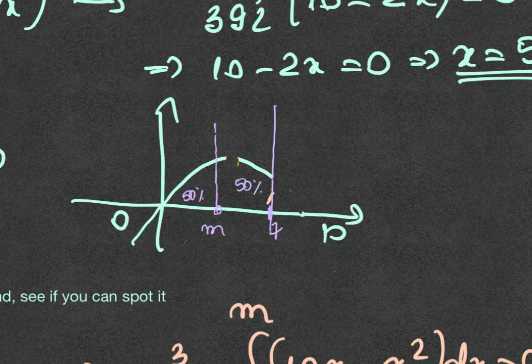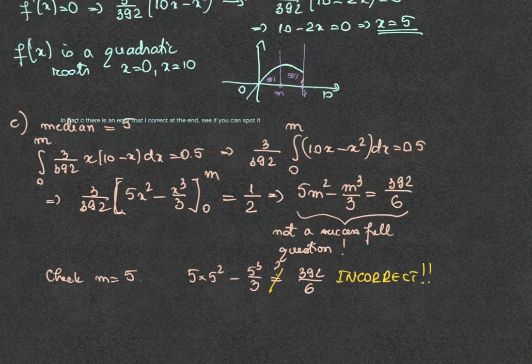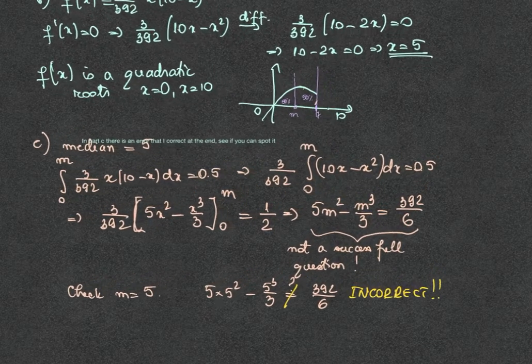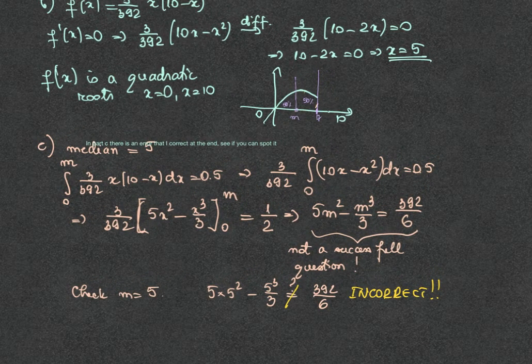And this is my median that divides the area into 50%, 50%. Therefore, it's not necessary that my median is going to be 5. So I was looking for 5 wrongly. It's just another number.